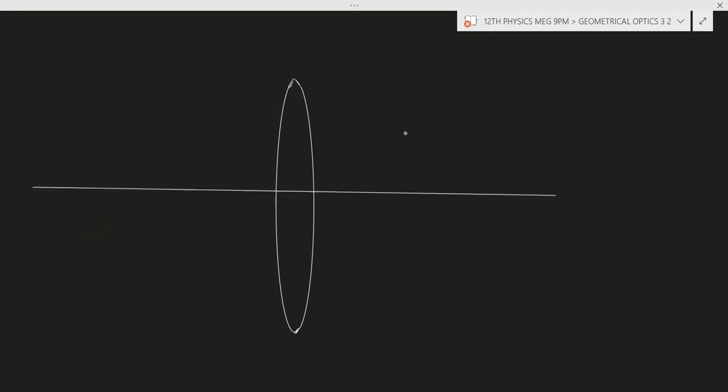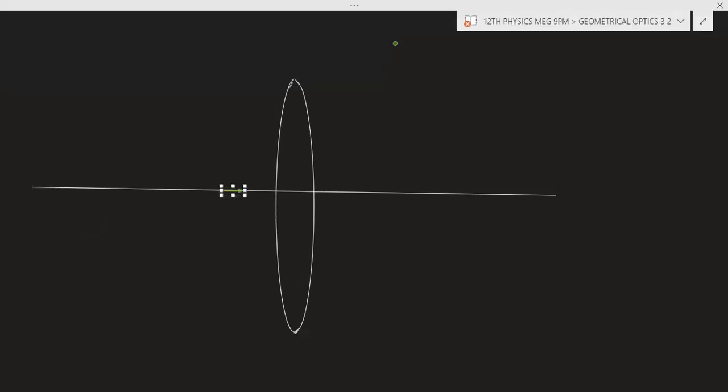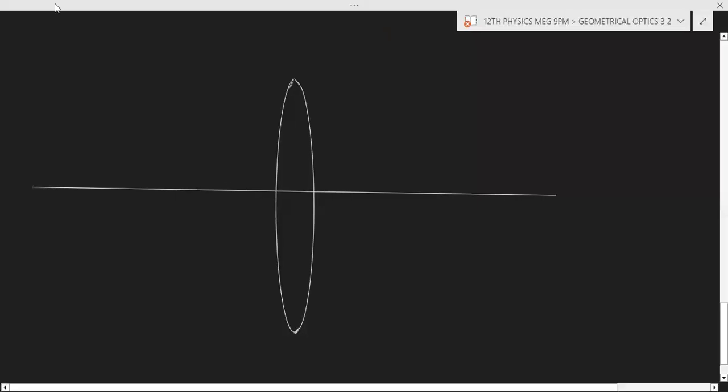And now an object is placed here. This is the object. Now we'll draw the ray diagram.